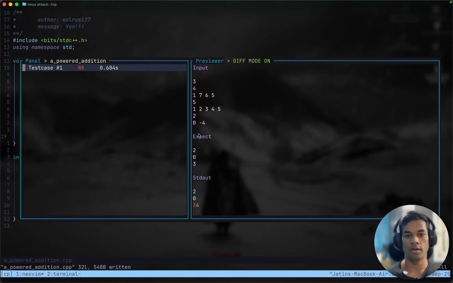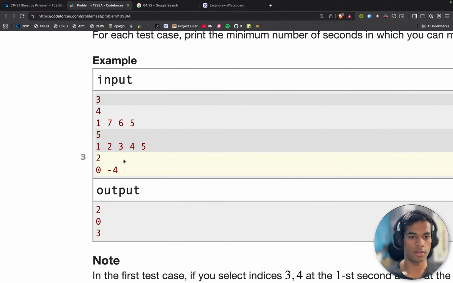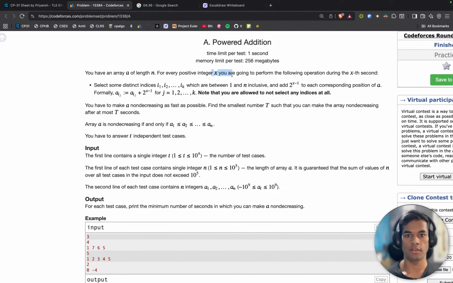Okay, wrong. Why wrong? 0 is what is expected. How can I make this right? Time: in the xth second, I can add 2 to the power x minus 1.